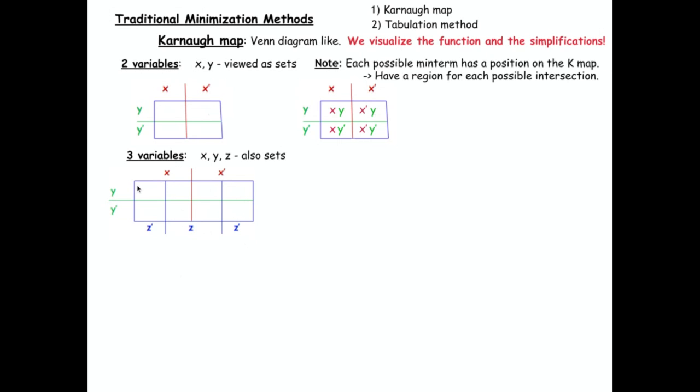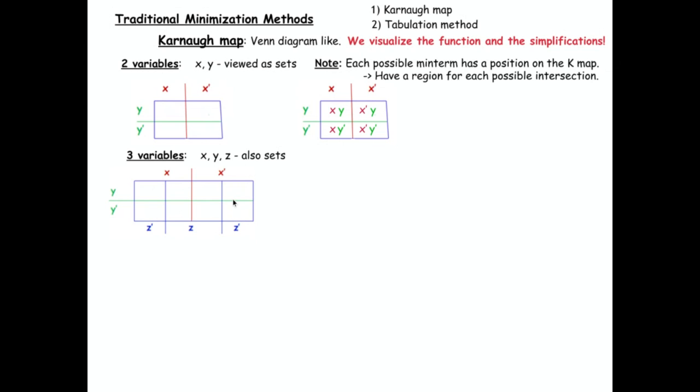Or rather, x and complement of x, y and complement of y, etc. Right? So we have x here, and then we have complement of x here, right? Then we have y here, and then complement of y here, right? They're contiguous. And we have z here, contiguous. But complement of z is split, right?